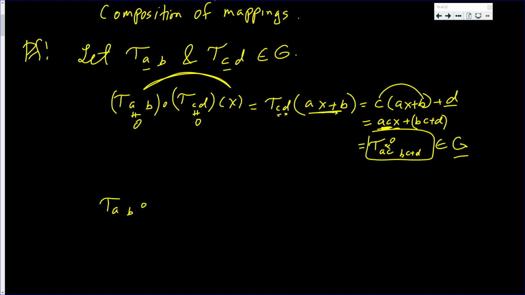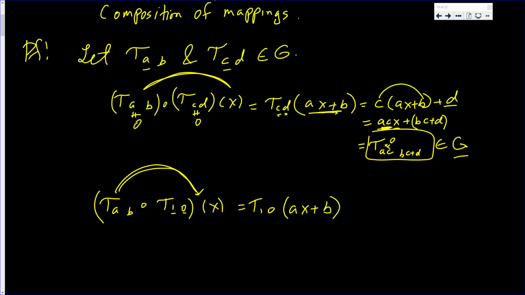What can you compose this with to get back x? The answer is tau of 1, 0. Because tau a, b of that will be ax plus b.